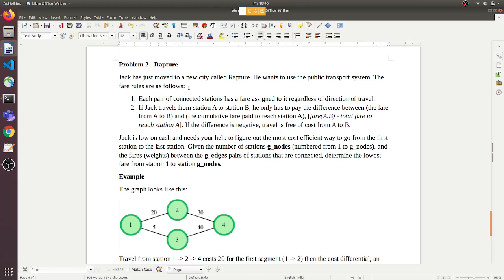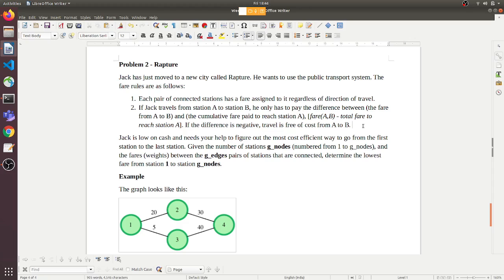So Jack has just moved to a new city called Rapture. He wants to use the public transport system, and the fare rules are as follows. Each pair of connected stations has a fare assigned to it regardless of direction of travel. That just means that all the roads are bidirectional, okay?